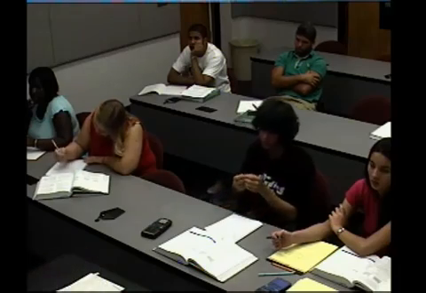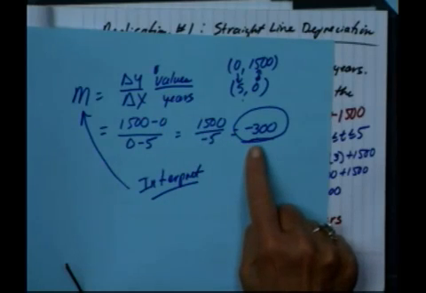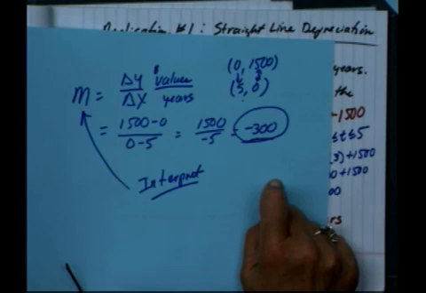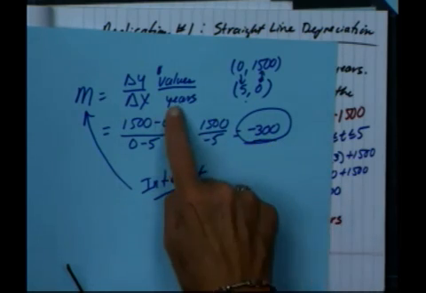Okay, excellent. That didn't take you long to interpret it. For this computer, the value of the computer is going to be going down or dropping $300 per year. Okay, so negative 300, the value of the computer drops $300 per 1 year.